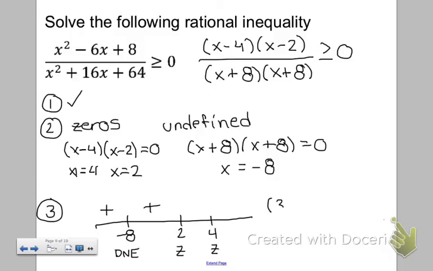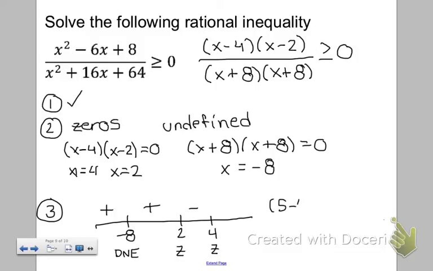So now I'm looking at 3 minus 4 times 3 minus 2 over 3 plus 8 times 3 plus 8. That gives me a -1, but again, really all I care about is the fact that it's negative. Now the last interval I need to look at is from 4 to infinity, so let's plug in 5.